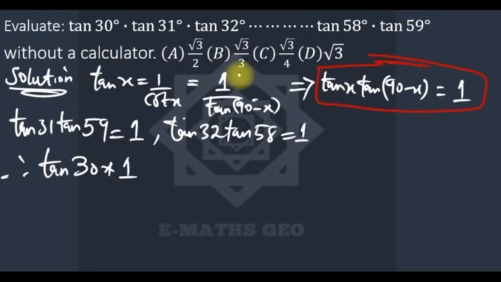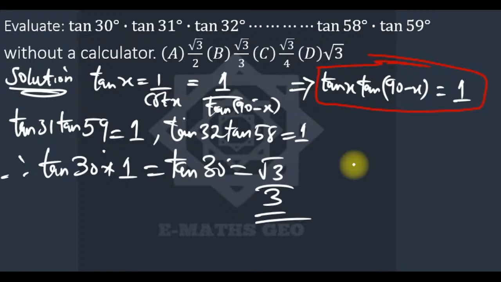Because if you pair them, it will give us 1, 1, 1, 1, and the product of those will also give us 1. So our answer is tan 30 degrees, which is root 3 over 3. That's fast. Option B. This is based on the formula that tan x times tan(90 minus x) is always equal to 1. That's what made us solve it fast without a calculator.